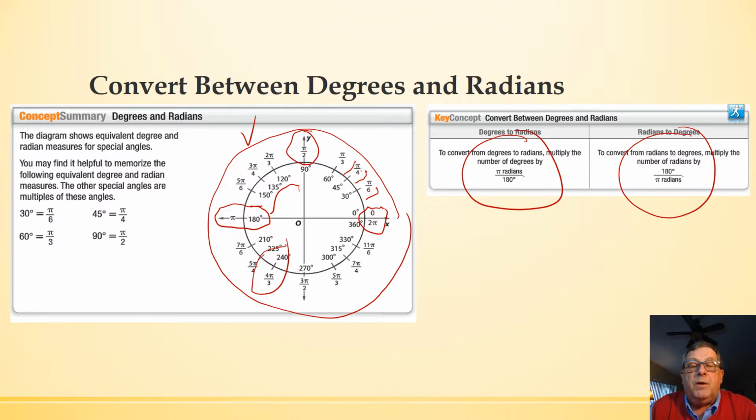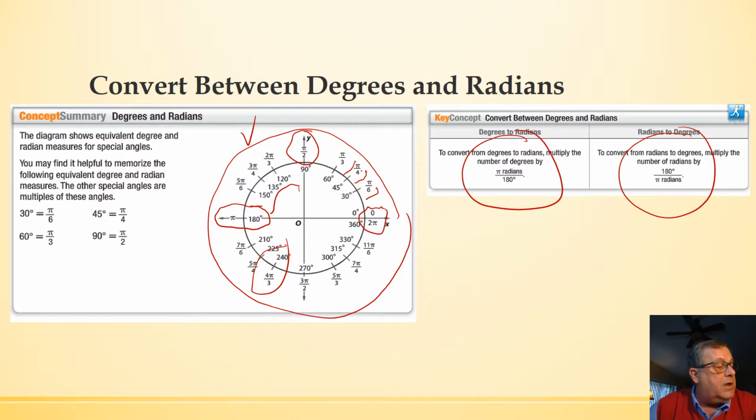And just continuing on around, 270 degrees is 3 pi over 2. 300 degrees is 5 pi over 3 in radians. 315 degrees in radians is 7 pi over 4. And then lastly, with these general angles, 330 degrees is equivalent to 11 pi over 6.